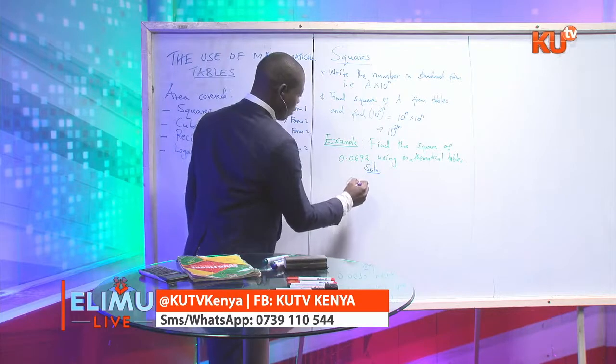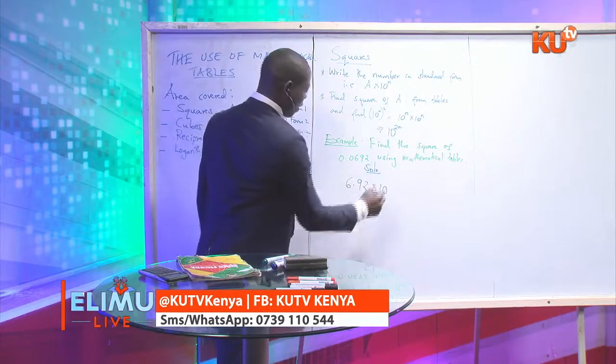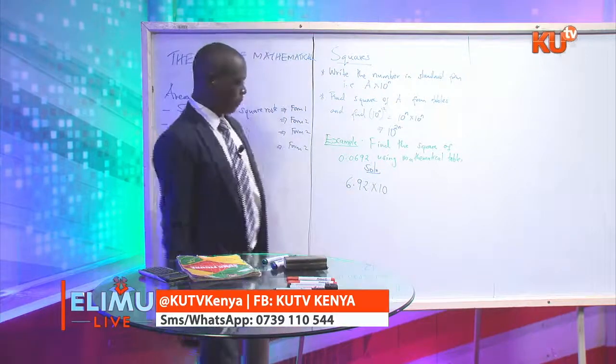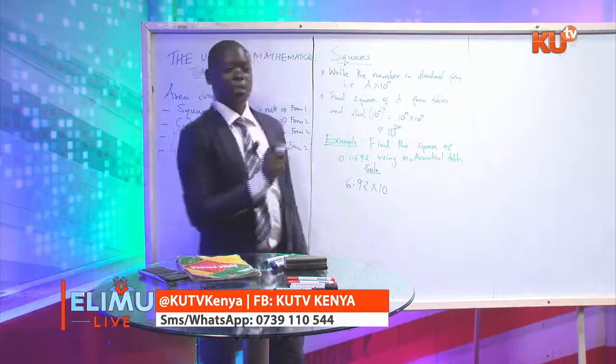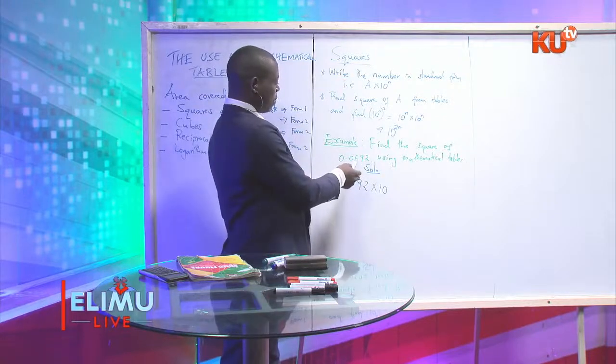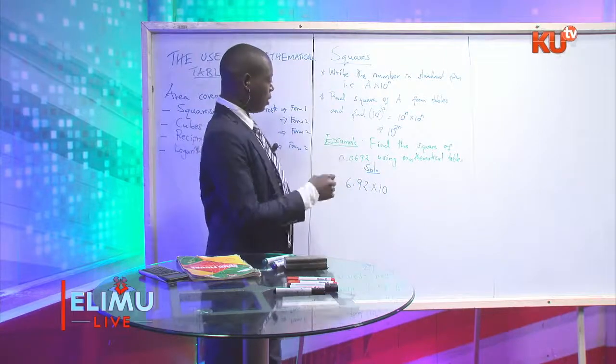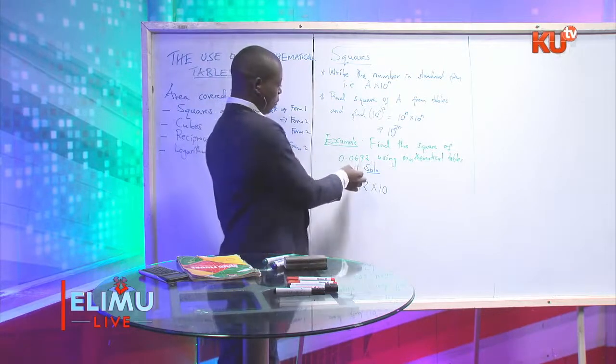So we have 6.92 times, now we have the aspect of times 10. Then we have to tell what is n. N is simply the number of steps you move the decimal from the new position where you've placed it back to the initial position it was.